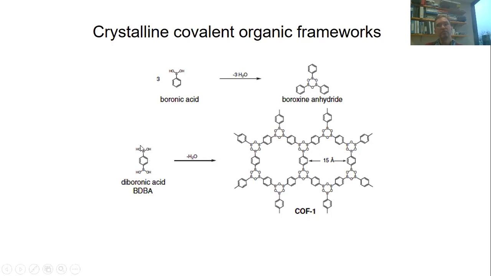So by this way of control, you can make a seemingly inert boron-oxygen bond labile, and through that labilization, you can induce the crystallization of your covalent organic framework.